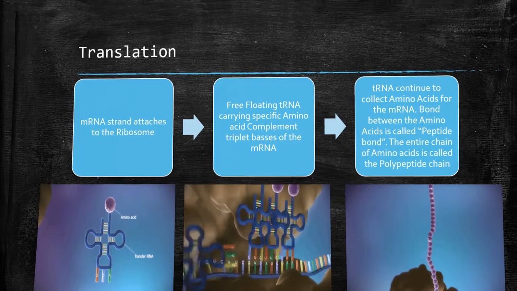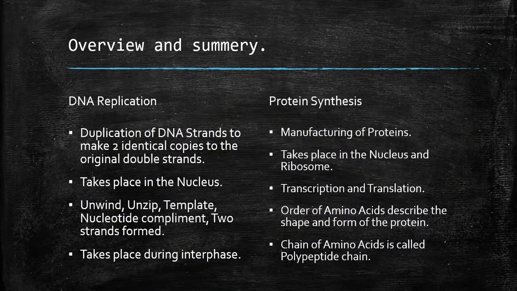Now an overview and summary of the 2 things we've discussed: protein synthesis and DNA replication. DNA replication is basically making 2 identical copies of the original double strand.